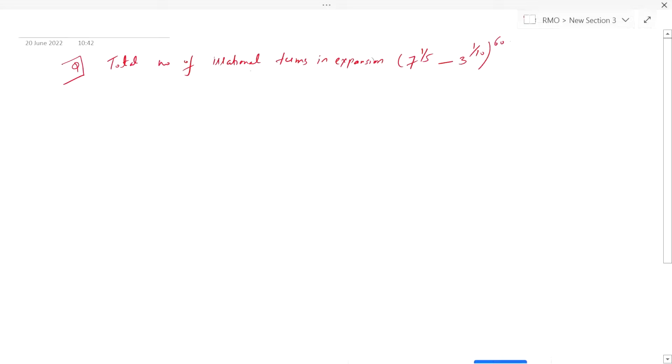So, in this case, how will you do it? T r plus 1, find a general term and then solve. And then you'll be able to find it.